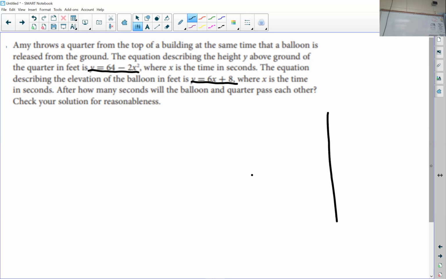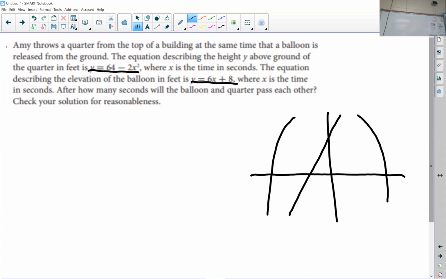So I'm going to give you a quick sketch of what I see. I see a parabola with a line going through it and it cuts there. That's exactly what mine looks like. Now, I can mess with my zoom window, but based off of this graph, what can I state? Do they intersect?